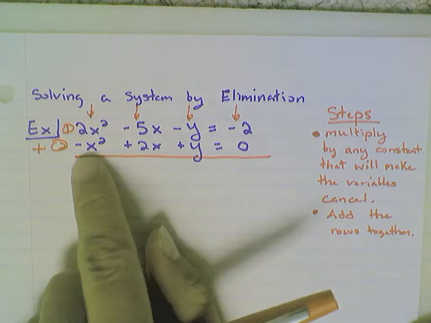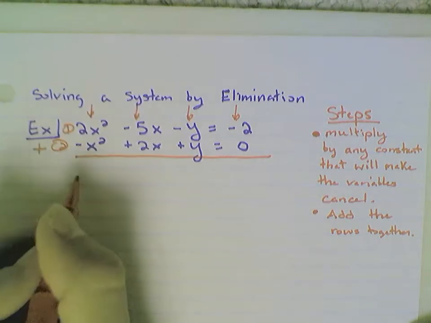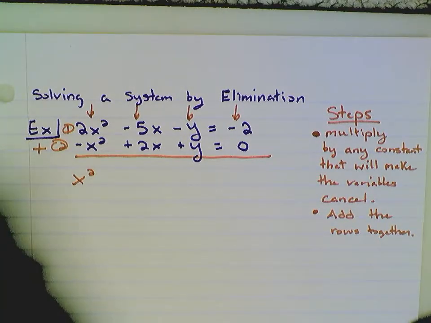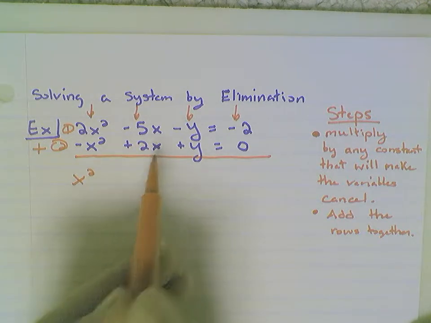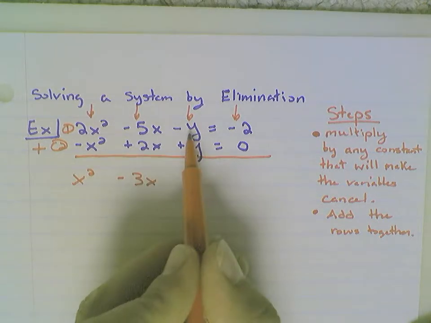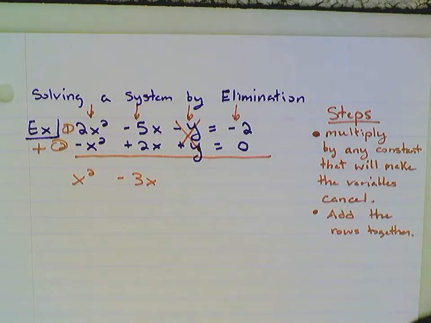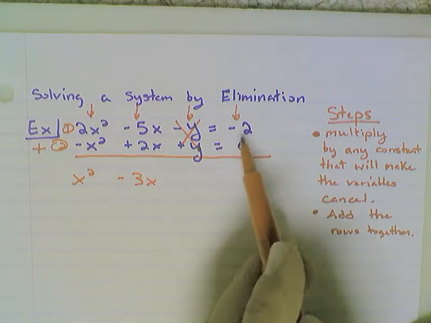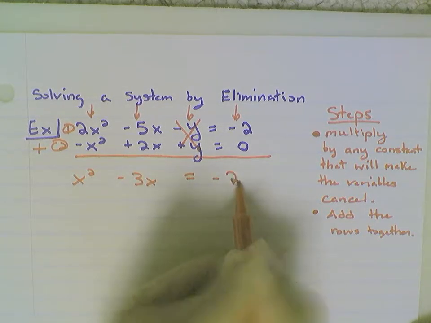If I take 2x squared plus a negative x squared, I'll be left with 1x squared. If I take negative 5x plus 2x, I'll be left with negative 3x. If I take negative y plus y, the whole point of elimination was for those two to cancel, so we see that they do. And if I take negative 2 plus 0, that's just going to equal negative 2.